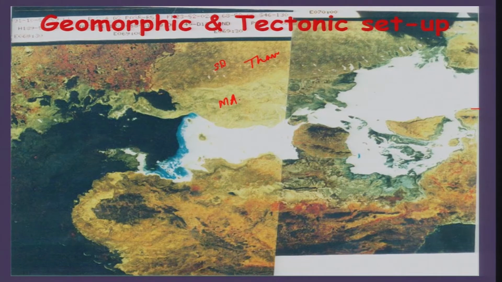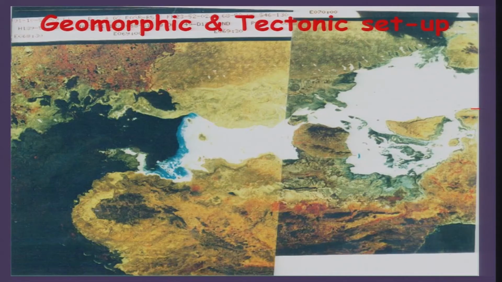So basically what I would like to emphasize here is that, taking into consideration the tonal variations, you can identify the different features or landforms on the Earth's surface. Very quickly, another very important feature: this small patch here is appearing a little bit darker than the surrounding regions. This is again a small water body which has been identified in this area.